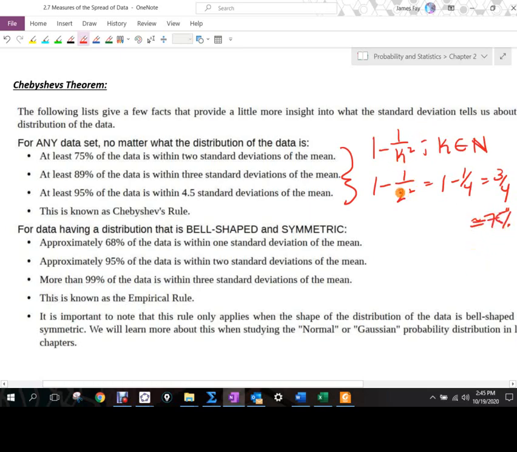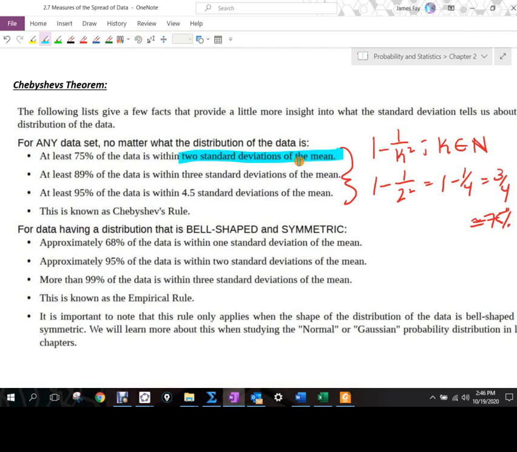The k represents the number of standard deviations from the mean. So when we have two standard deviations, and I know nothing about my distribution, Chebyshev's theorem tells me at least, so we're setting a floor here, or the bare minimum, at least 75% of our data points will fall within two standard deviations of the mean.